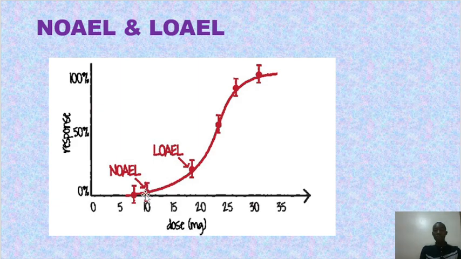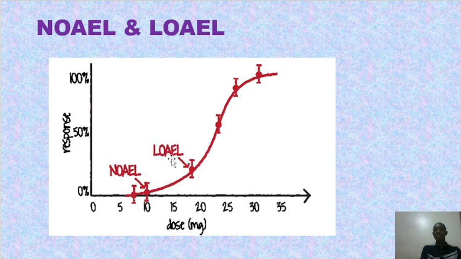So before 10, there's no observable adverse effect level. Here at 10, we see the highest point where there is no adverse effect level. That highest point where there is no adverse effect level, that's what we call NOAEL. Now 10 would be our NOAEL.